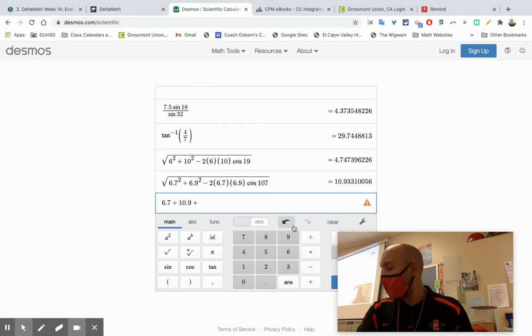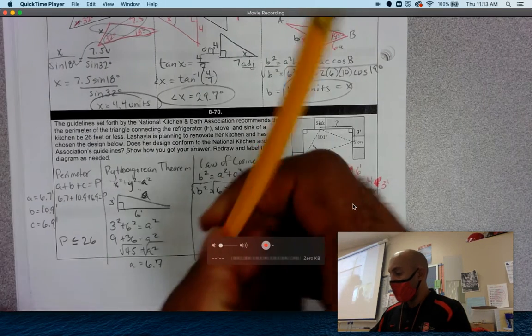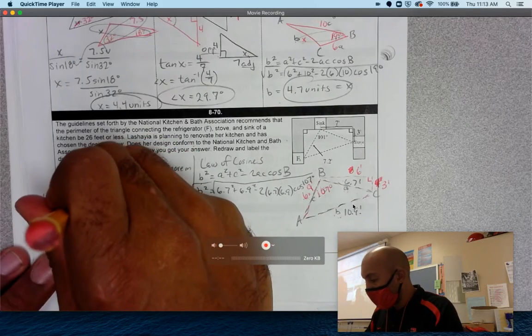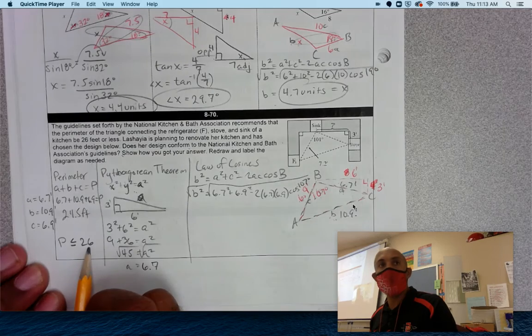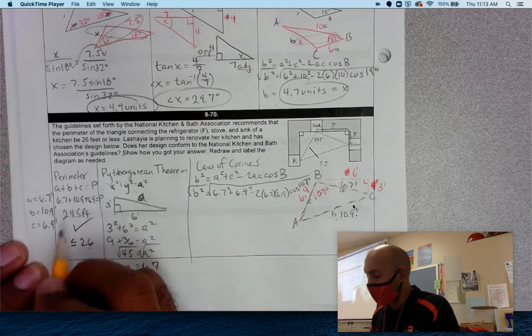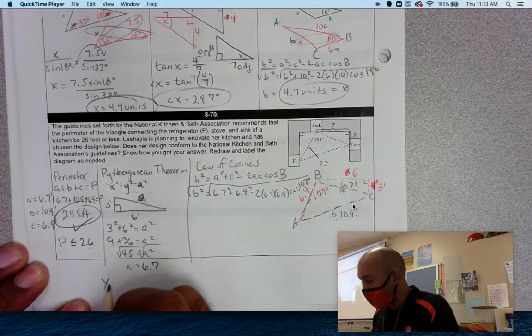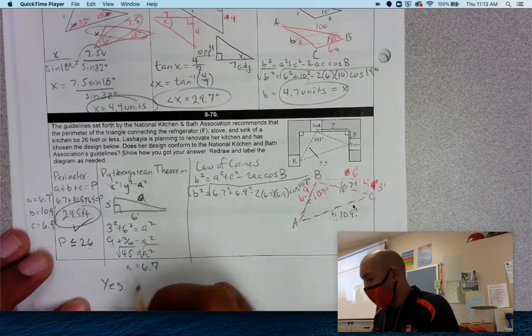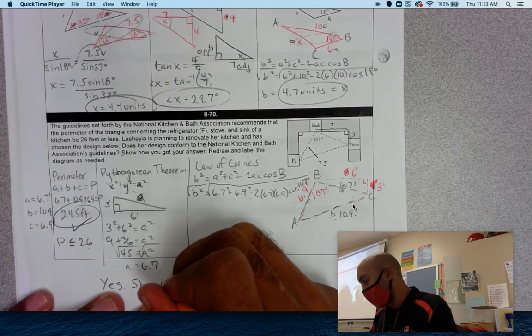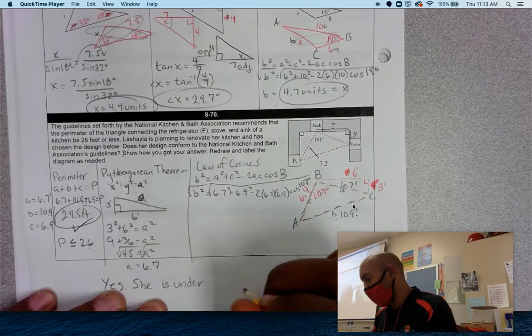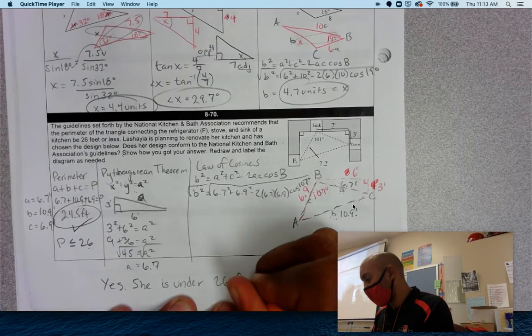Hopefully we didn't go over. If we went over, that means she's not following the guidelines, which I don't know if that means anything. We're at 24.5 feet. So if she's at 24.5 feet, is that less than 26? Yes. So yes, she is under 26 feet.